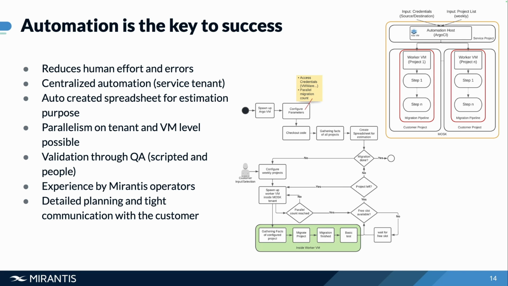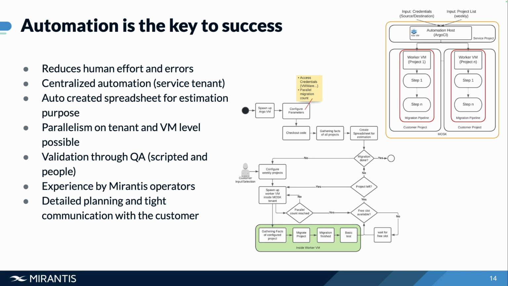Okay. You have a centralized automation. What I mean by that is we will be creating what we call a service tenant. This is what you can see here, the service project. Within that service project, this is where we'll be running our automation host, right? And this is where you have a Kubernetes VM, and that Kubernetes VM will be running all the different pipelines. Once we have defined that service project where you have Argo CD running, we will start by discovering virtual machines in VMware.